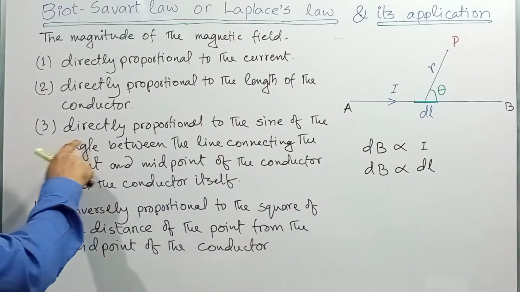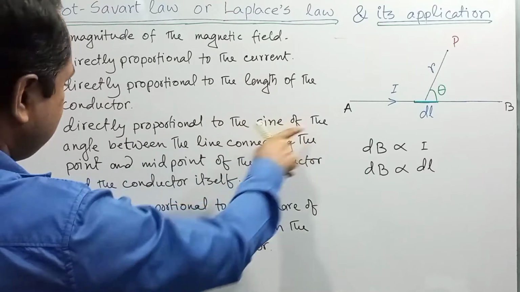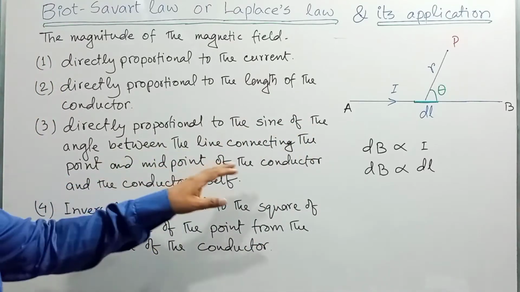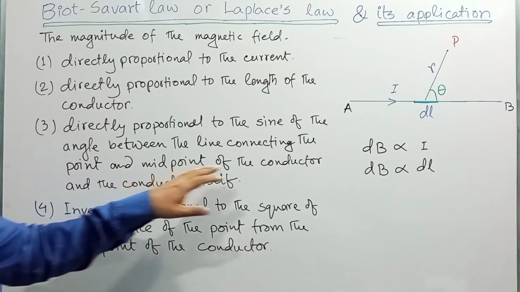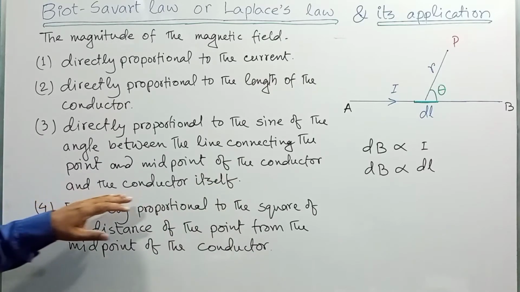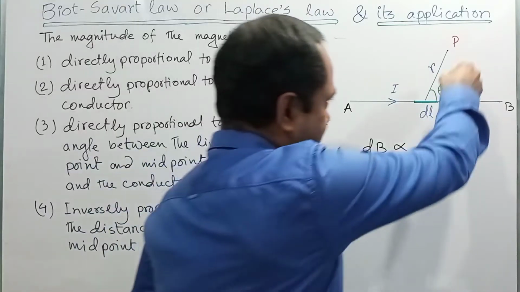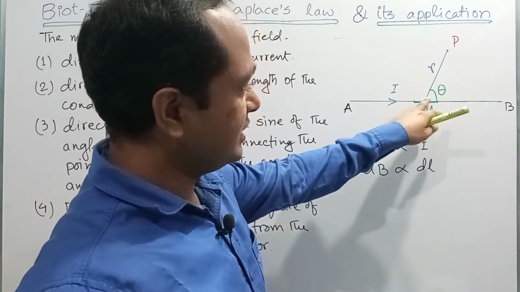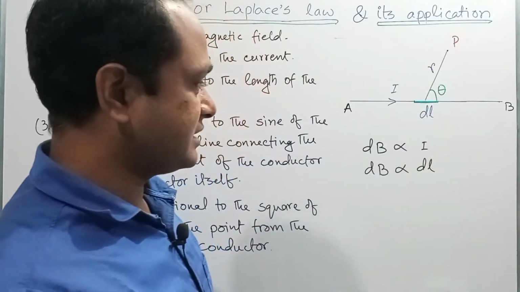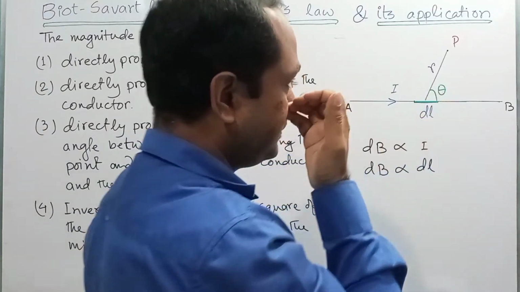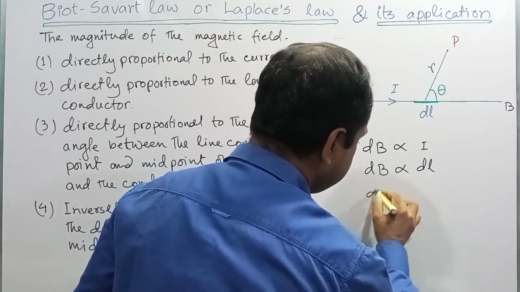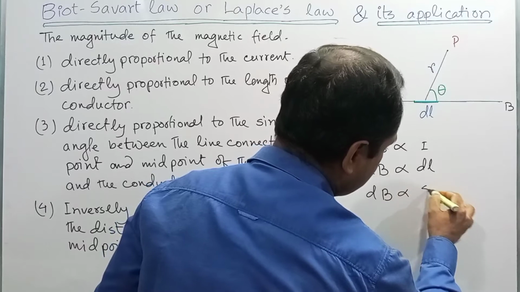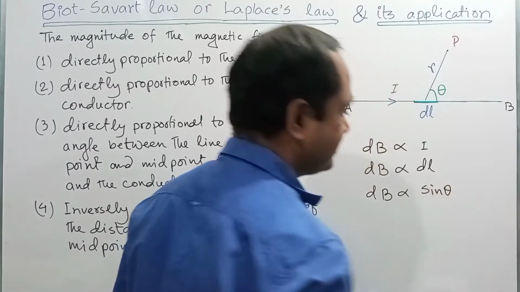Then they said it is directly proportional to the sine of the angle between the line connecting the point and the midpoint of the conductor and the conductor itself. Here, if the connecting line makes an angle theta with the conductor, then dB is directly proportional to sine theta.